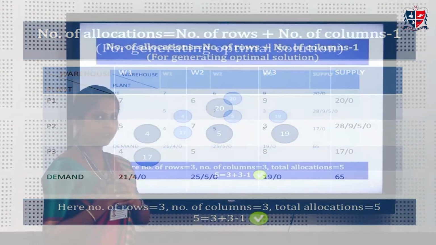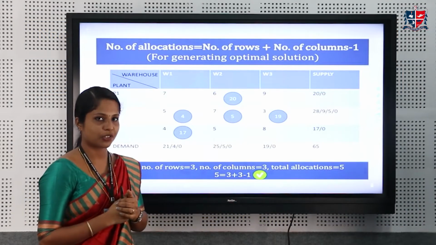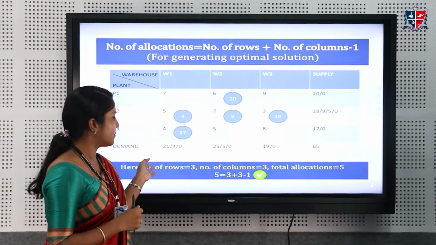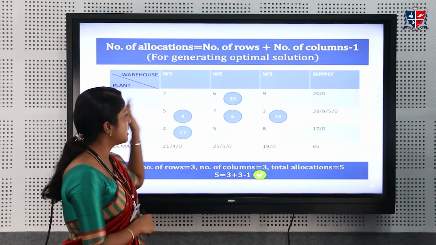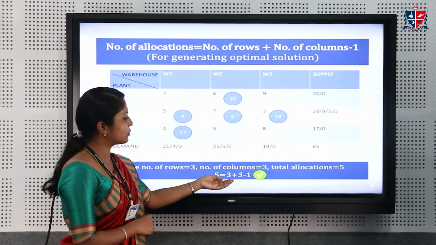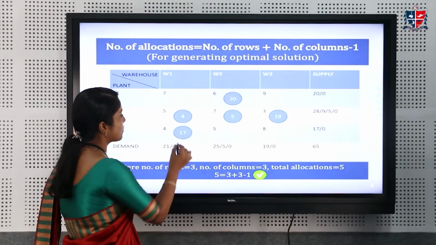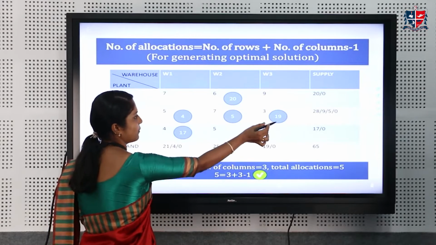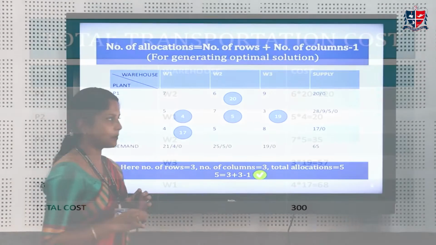Then we have to check whether the basic feasible solution is satisfied. m plus n minus 1 is equal to 3 plus 3 minus 1, that is 5. The allocations are also 5: 1, 2, 3, 4, 5. So this problem satisfies the basic feasible solution.